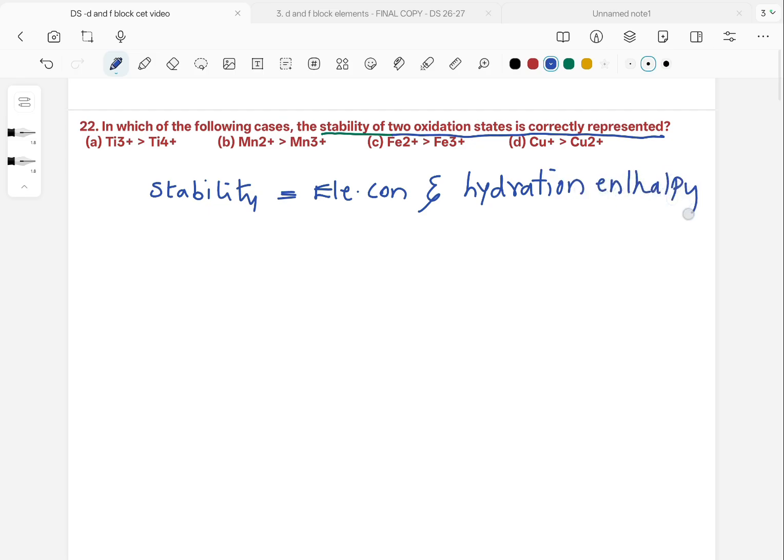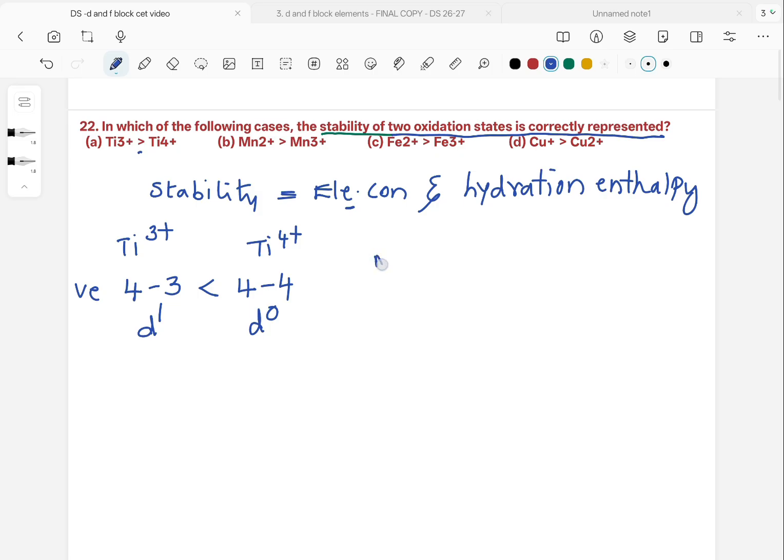Here, for the following ions, let's find out the d configuration with the help of electronic configuration. Titanium 3+ and titanium 4+. The valence electrons of titanium are 4, minus charge, it is d1 configuration, whereas here 4 minus 4, it has d0 configuration. This should be more stable, but it is given wrongly here. That is not the option.